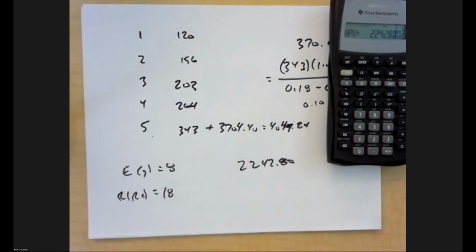Then we tell it the discount rate, and it gives us the present value of those 5 cash flows. So the value of this firm would be 2,242.80, assuming that these estimates of the future are correct. The growth rate is really going to be 8%, and the appropriate discount rate is 18%.